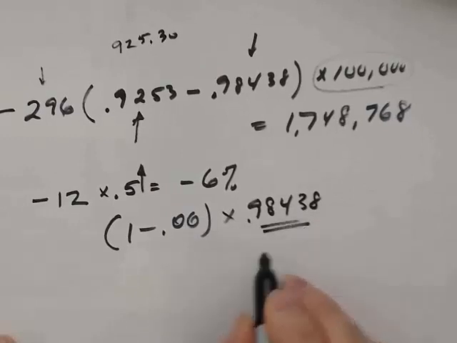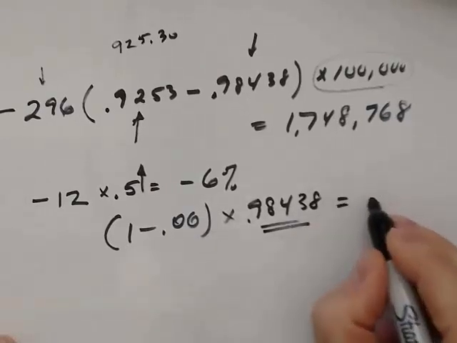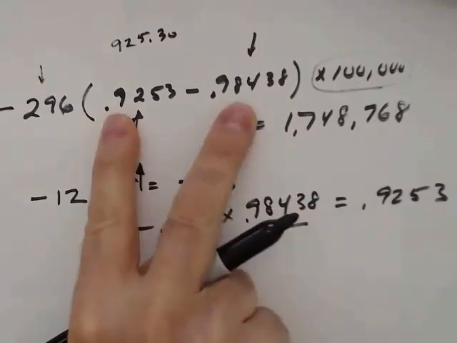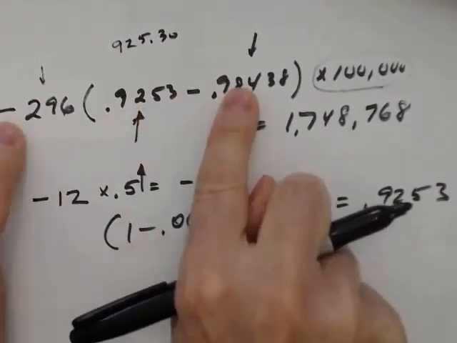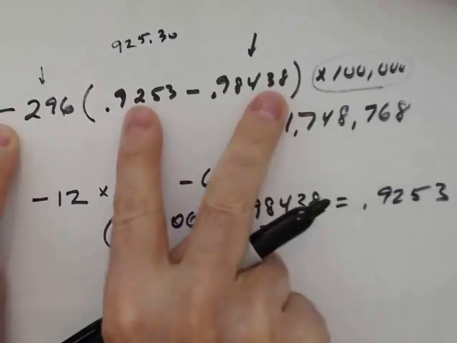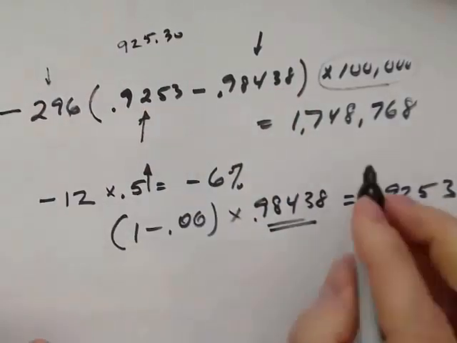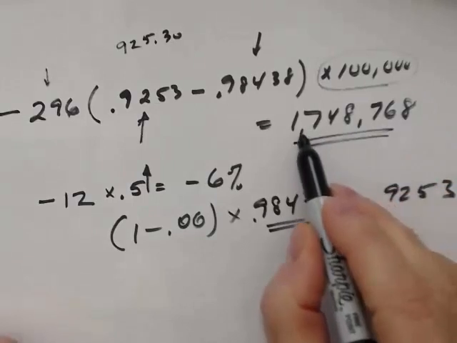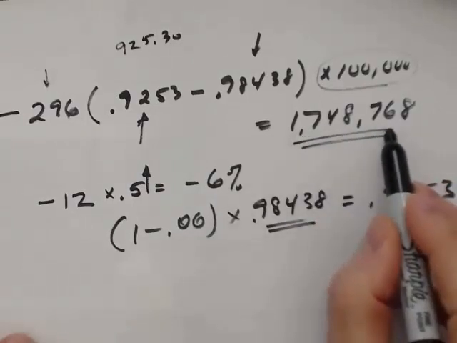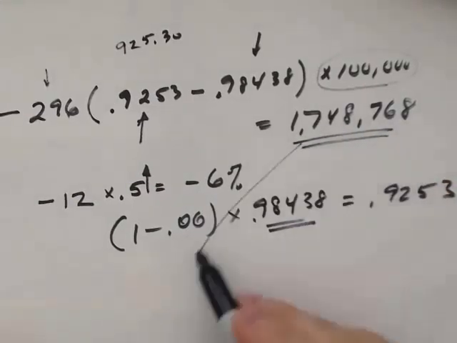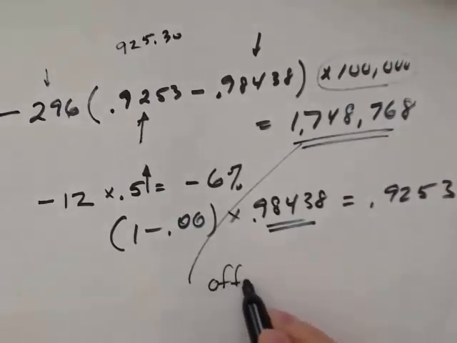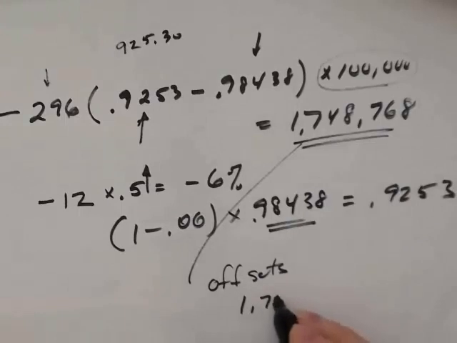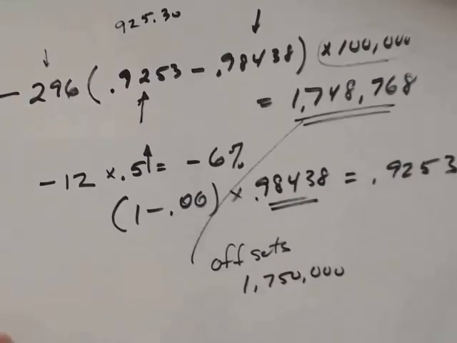The original price in decimal form turns out to be 0.9253. So there you have the capital loss here, but it's offset with the negative sign, because you're short the position. And so what you have here is a gain of $1,748 and change. That basically offsets pretty closely the $1,750 loss you have on your bond portfolio.